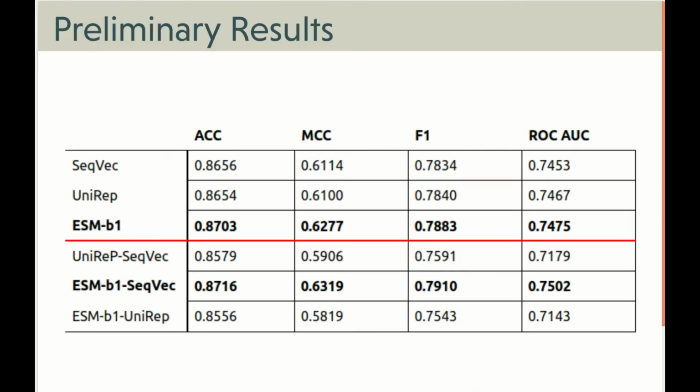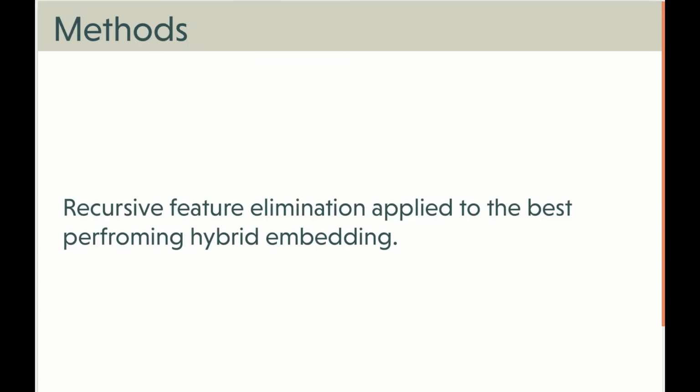We saw that ESM1B was the best performing embedding here, and we even saw that coupling it with SecVec we could obtain even better performance, meaning that the hybrid combination of these 2 embeddings was better than one embedding alone. But we obtained a very huge embedding in this way, just concatenating 2 of them. We thought, what could we do?